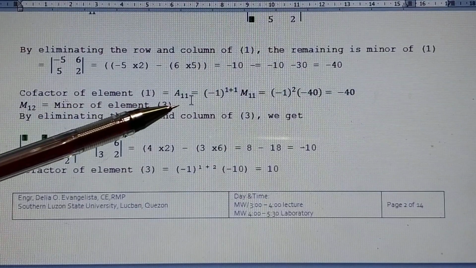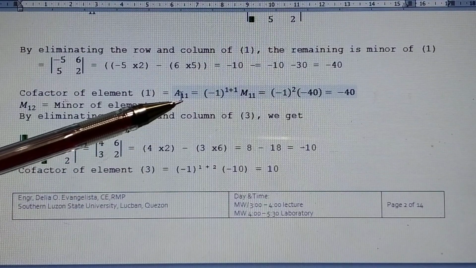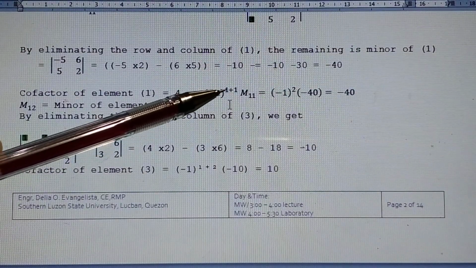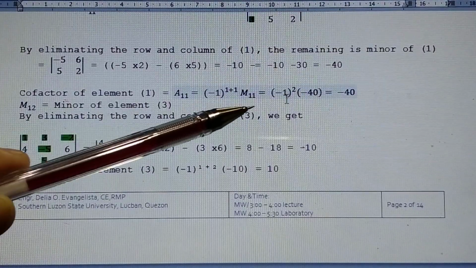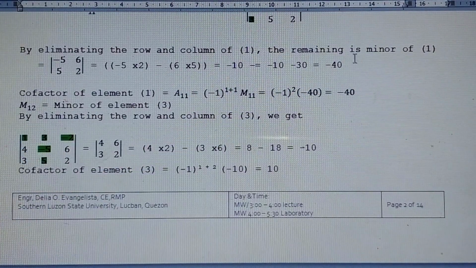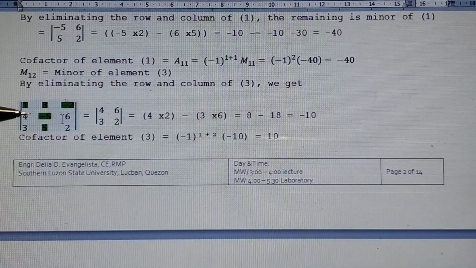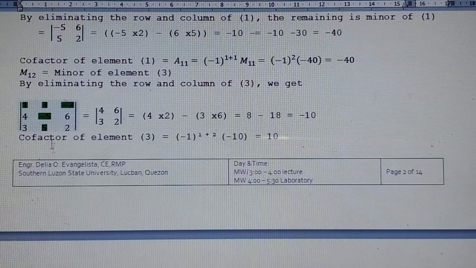So negative 1 doon sa element 1. Negative 1 raised to column 1, row 1. Kaya ito ay negative 1 raised to 2 multiply by negative 40. That's negative 40. Then proceed tayo sa ikalawang element. Dito tayo, 3, cross out yung row 1 and column 2.